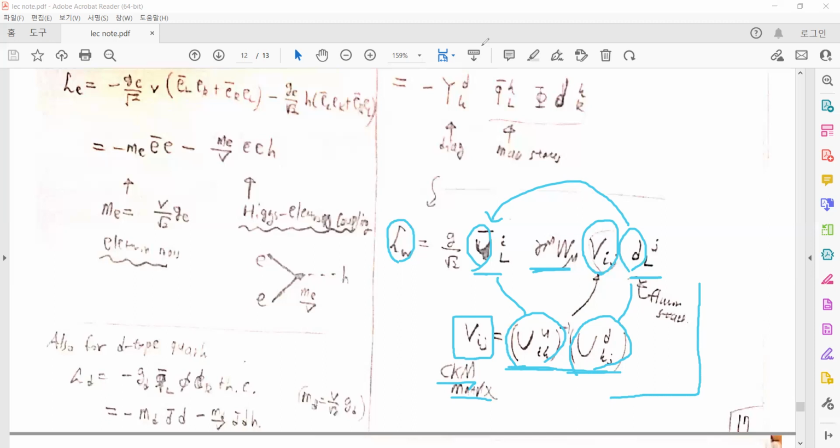The problem is that it's a very small mass, and there are no right-handed neutrinos in the SU(2) gauge symmetries for the light neutrino. But if we allow some Majorana neutrino, with the seesaw mechanism, then the neutrino mass might be explained, and that is not included in the standard model, so it is called beyond the standard model, to explain the neutrino mass. Maybe it will be discussed next time.